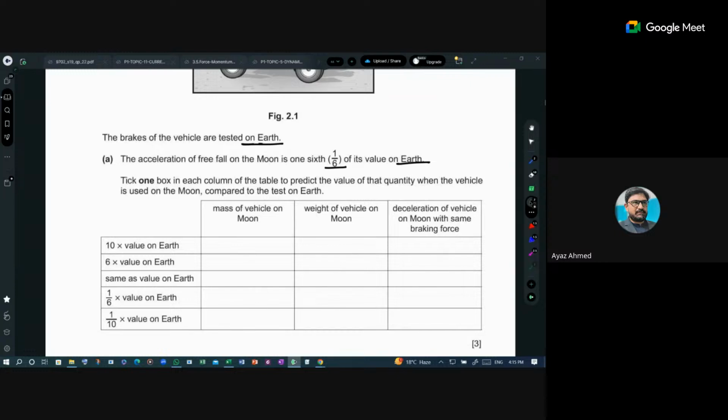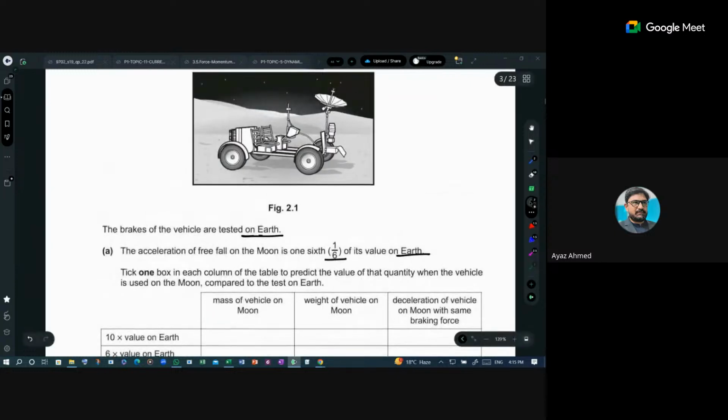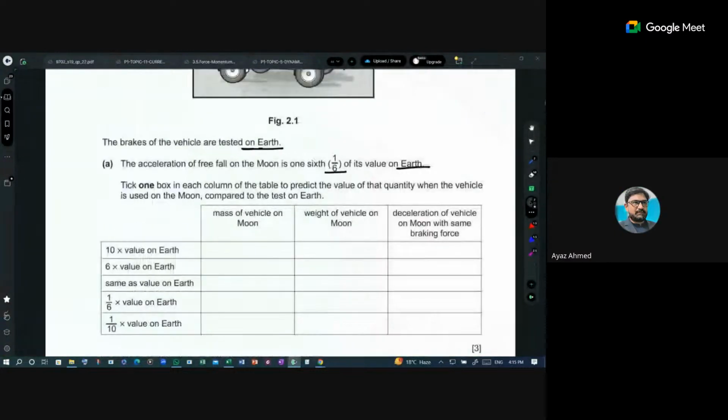Right? The question is that the vehicle is tested on earth, and there are different parameters which are to be tested. One of them is gravitational acceleration. Gravitational acceleration on the moon is 1/6 of that of the earth.